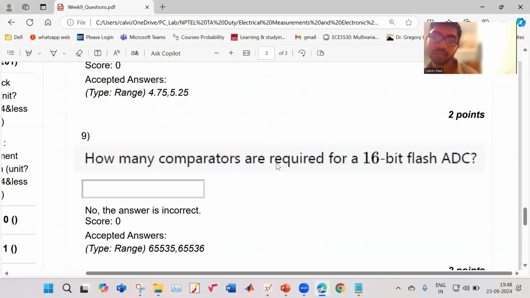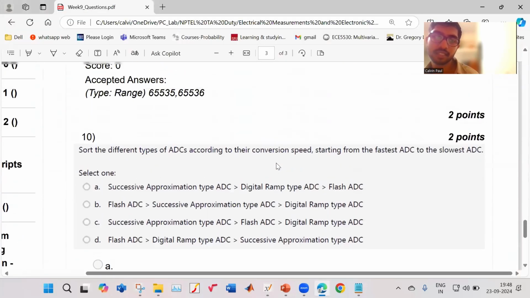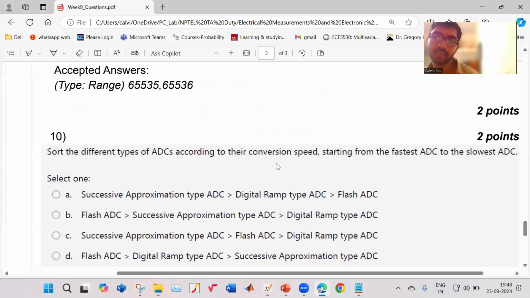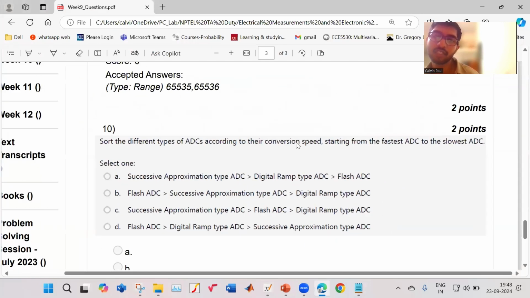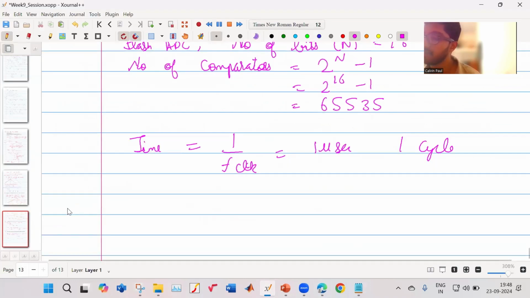Now we will go to the last question. They are saying there are different types of ADCs according to the conversion speed, from the fastest ADC to the slowest ADC. We have studied three types of ADC.